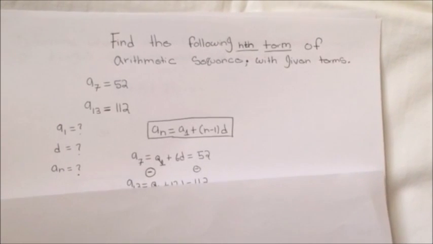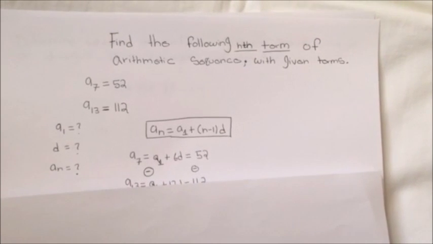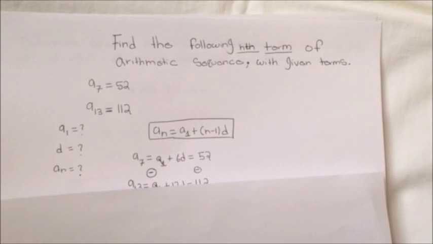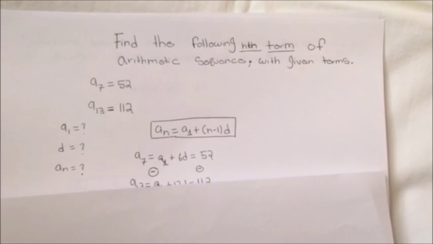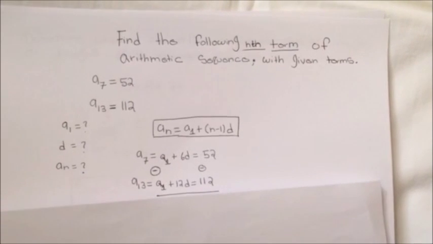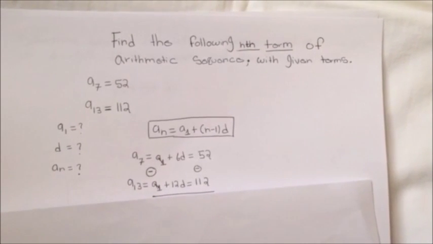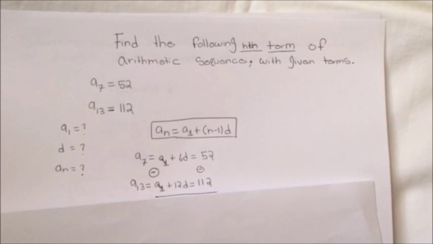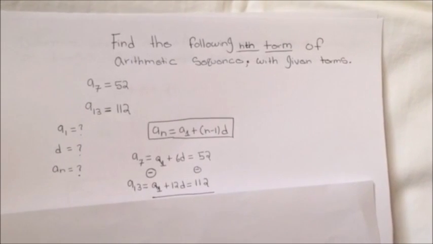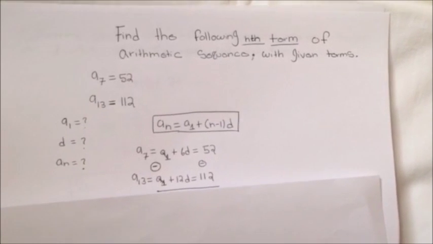So for a7, a1 plus 7 minus 1 times d, which is 6d, equals 52. For a13, a1 plus 13 minus 1 gives us 12d, equals 112.